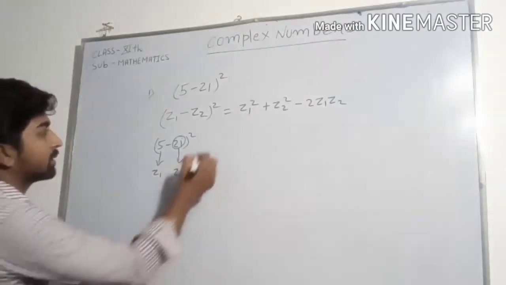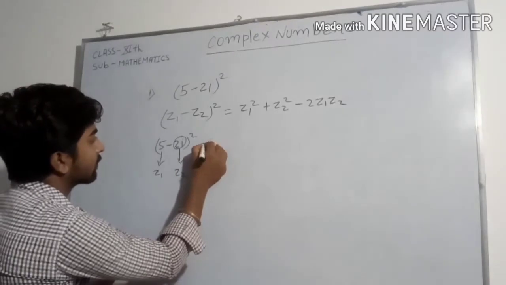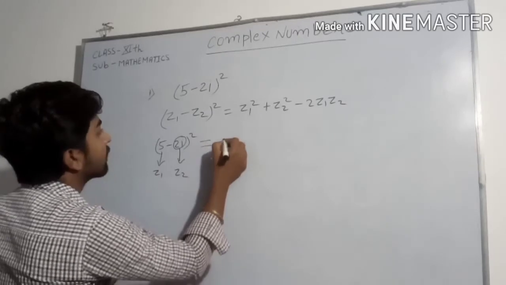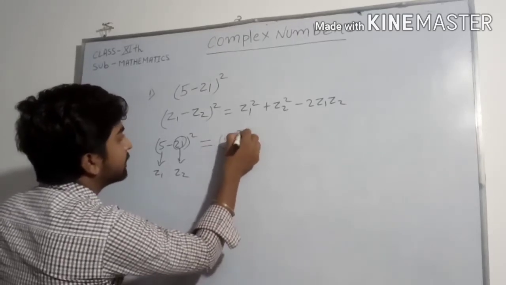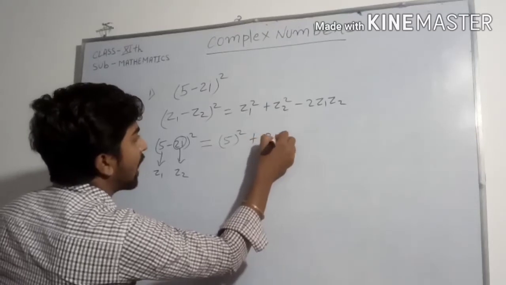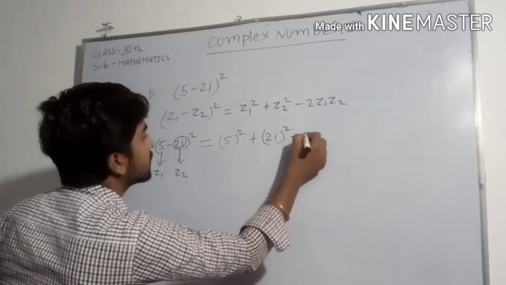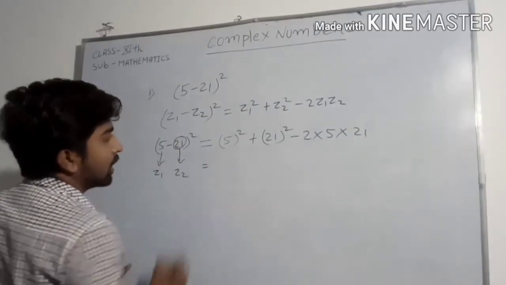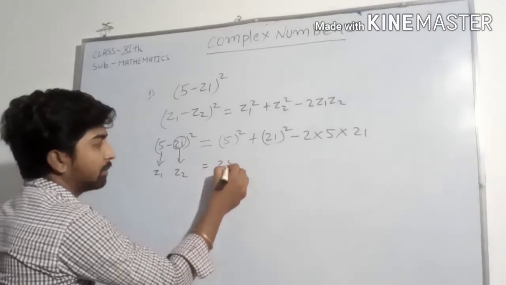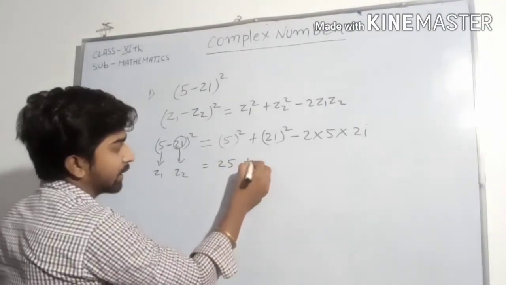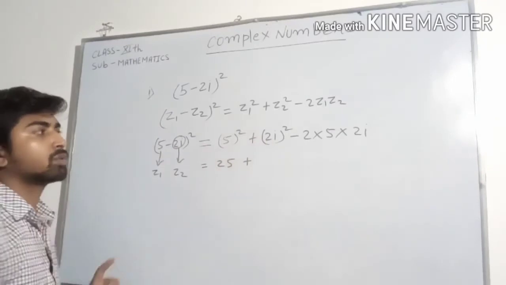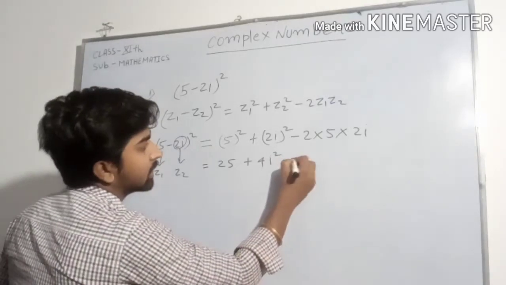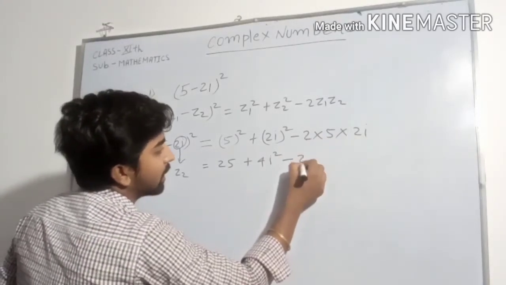Then we will get square of 5 plus square of 2i minus 2 into 5 into 2i. Now, square of 5 equals 25, and square of 2i: first of all, square of 2 equals 4 and square of i, minus 2 into 5 into 2i is 20i.